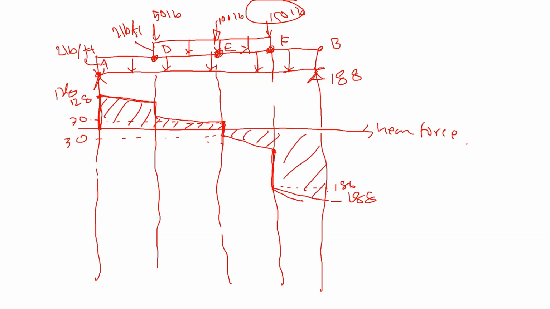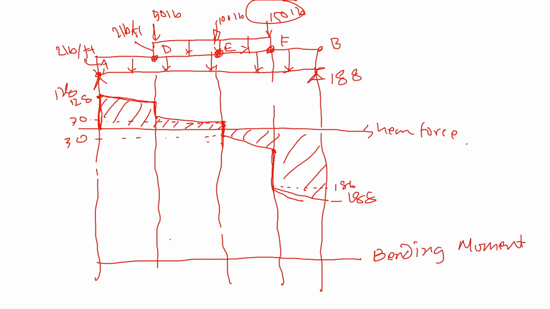Should have written all those numbers on one page. And this is the bending moment. Let's draw the bending moment diagram. Now whenever I say shear force and bending moment, they are all internal shear force and internal bending moment.